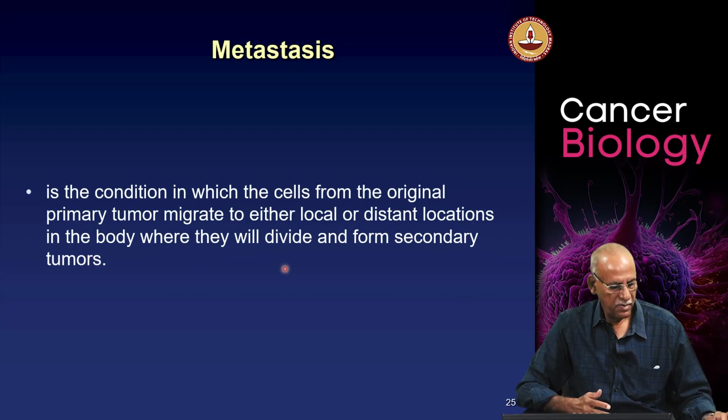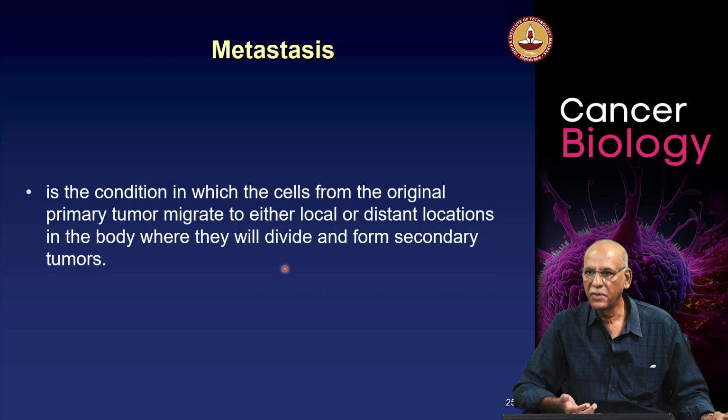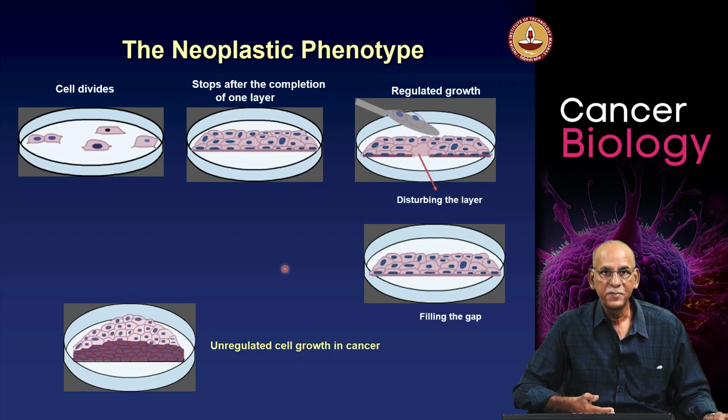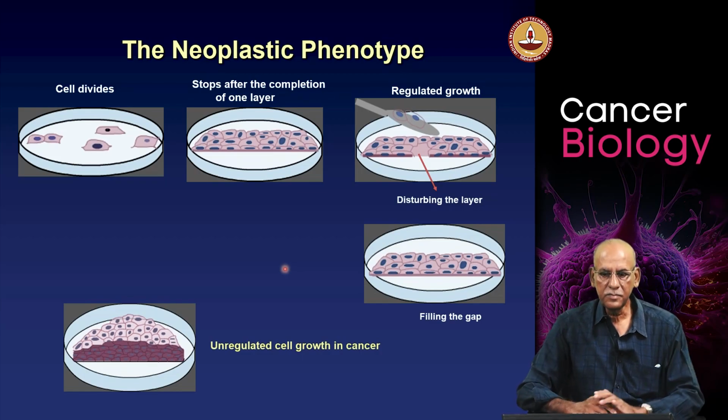People are also working on why this is happening and what the mechanisms are. A lot of research is going on to understand how the cells are migrating and why they are migrating to specific sites. We will be talking about that in a few more slides.